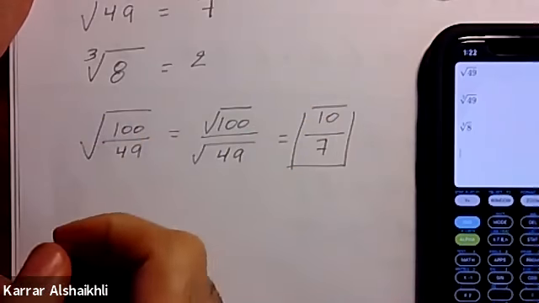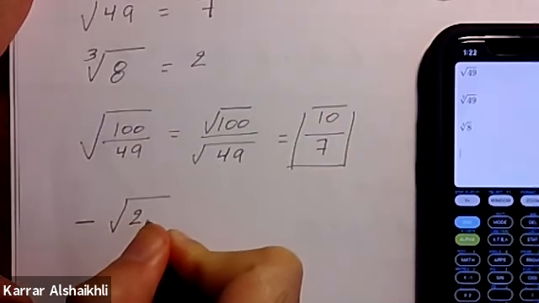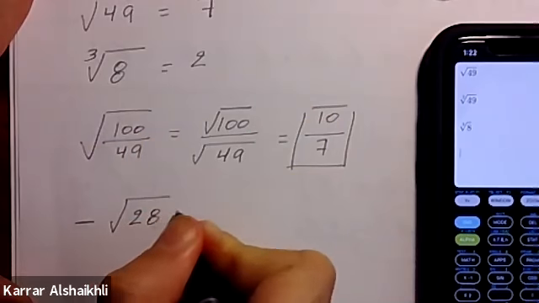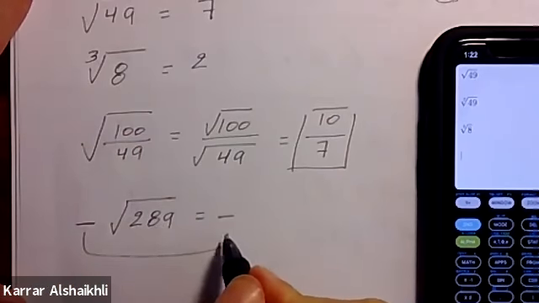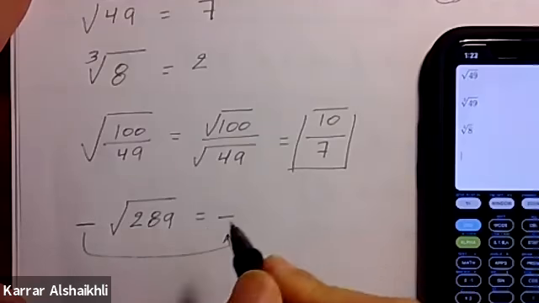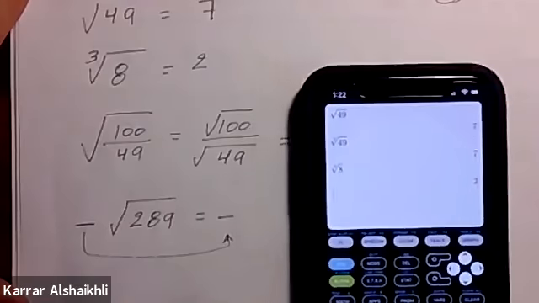Check here. What about if they ask you to find the negative square root of 289? The negative sign is outside the root, so you're just going to write down the negative sign here. Now I need to find the square root of 289. I'm going to use the calculator.